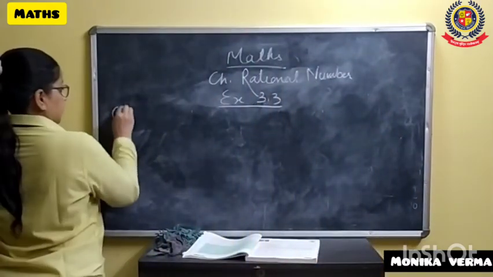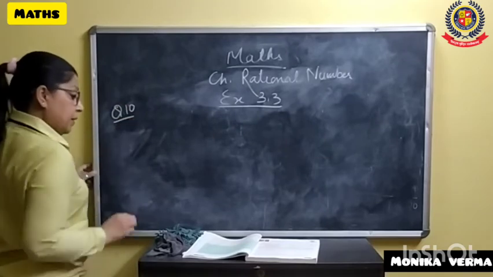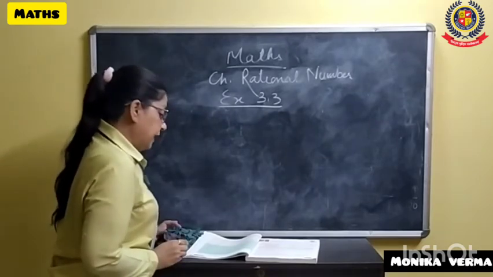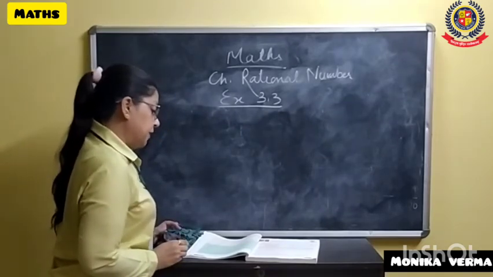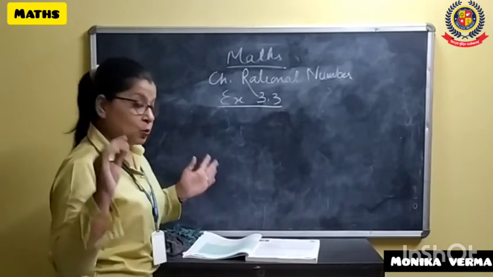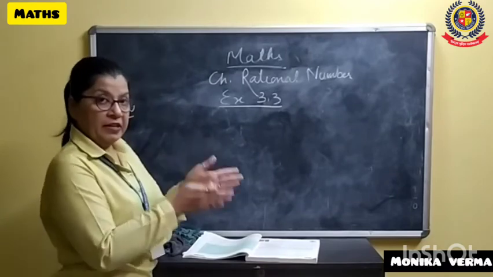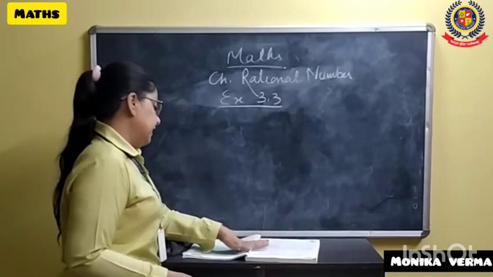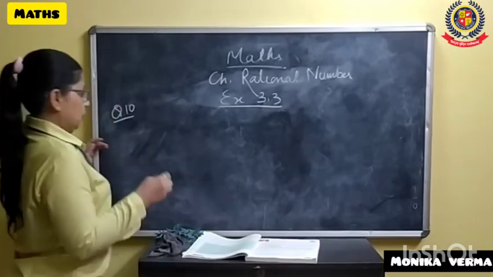Question number 10. Two pieces of length 9 by 11 meter and 13 by 22 meter are cut from a 2 meter long rope. It means there is a big rope that is 2 meter long and from that we cut two pieces. What is the length of the remaining rope? Okay.